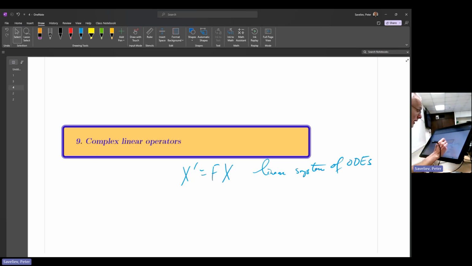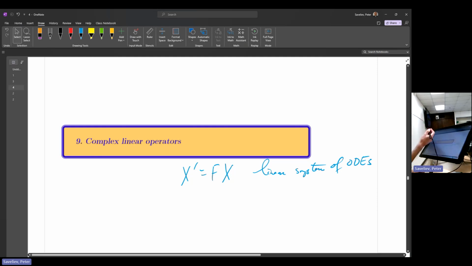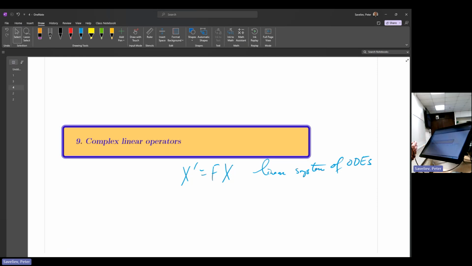Because we realized that the directions, the eigenvectors, are important, and to find them, this is how you find them, and then sometimes you end up with complex eigenvalues. Okay, so that's how it happens.